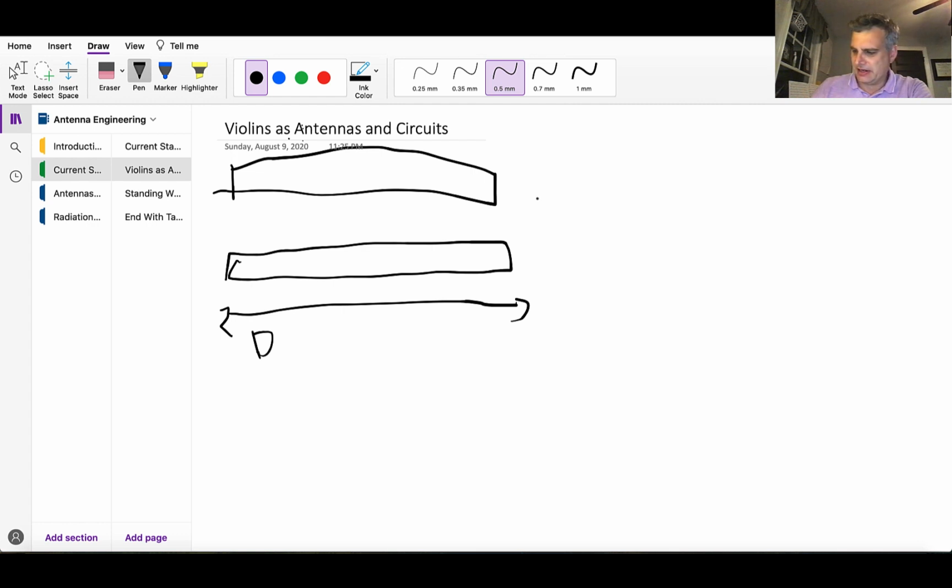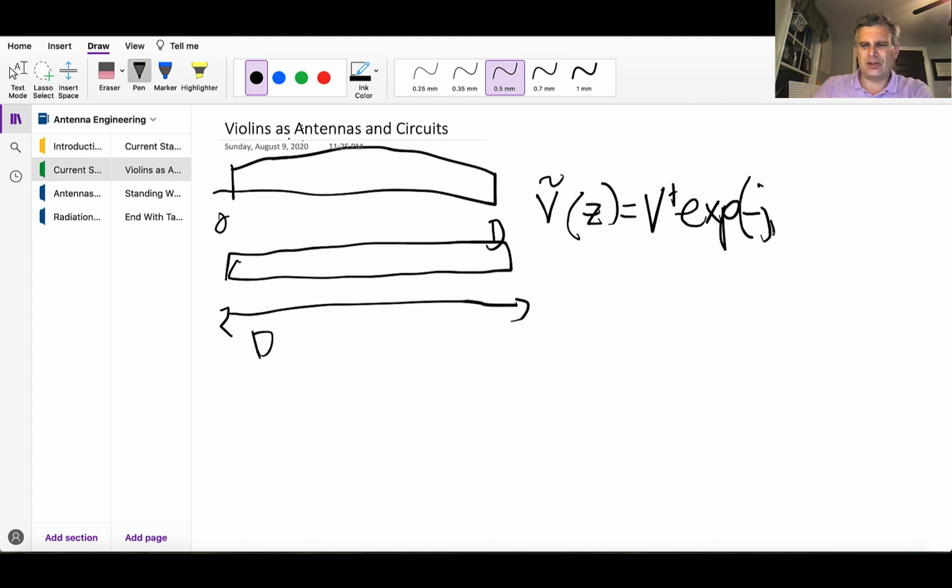Now, what does this look like? Okay, voltage as a function of z: z equals 0 is over here, z equals d is over here. That's going to look like some sort of amplitude in general, V plus, and there is a forward propagating term, exp(-jβz). Beta is, of course, 2π over the wavelength.